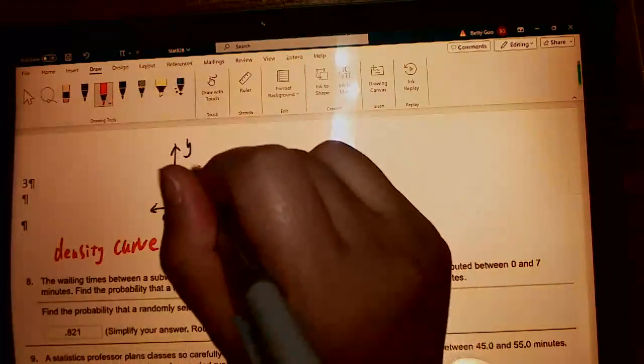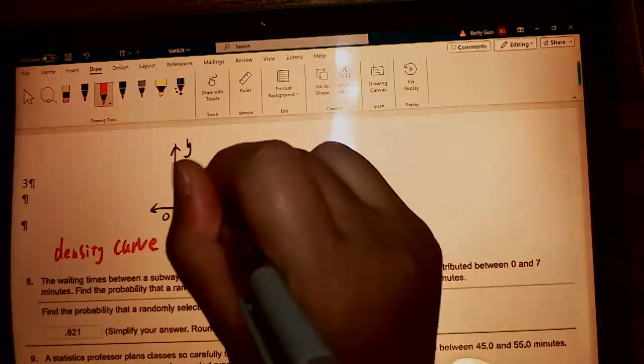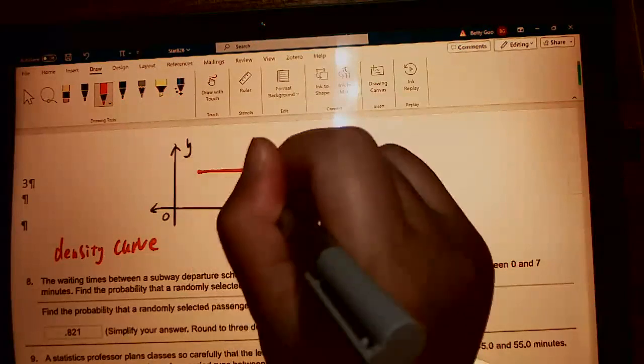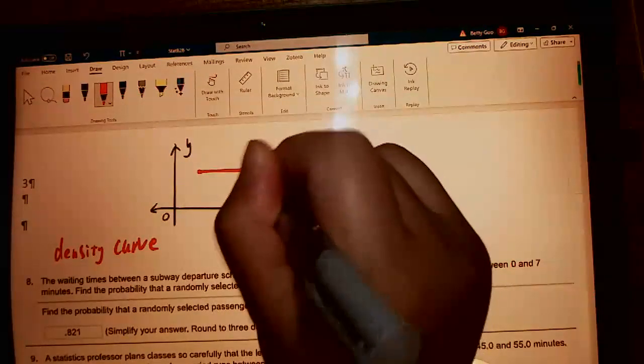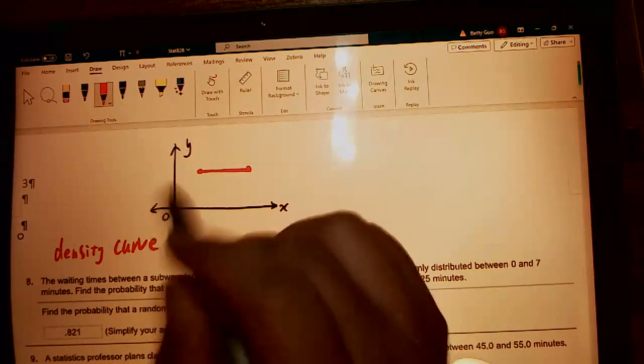So this would be a good example for uniform distribution. A horizontal line segment. The density curve of a uniform distribution is a horizontal line segment.